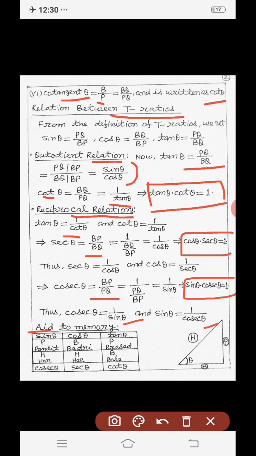The sequence is sin theta, cos theta, tan theta, and it is spoken as Pandit Badri Prasad Har Har Bol, and in reverse the sequence is cosec theta, sec theta, and cot theta, and we can speak Har Har Bol Pandit Badri Prasad.